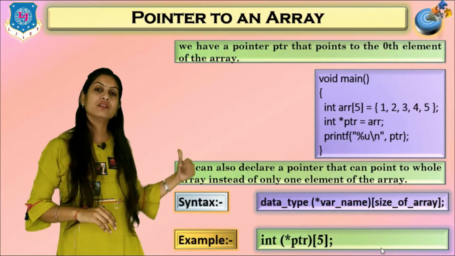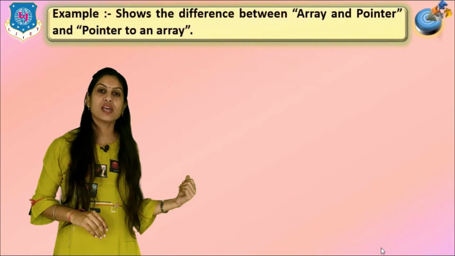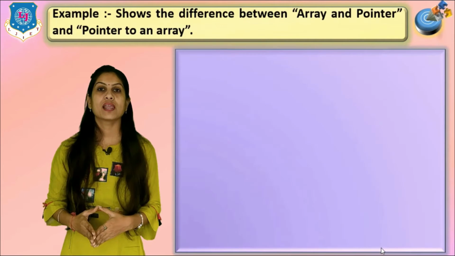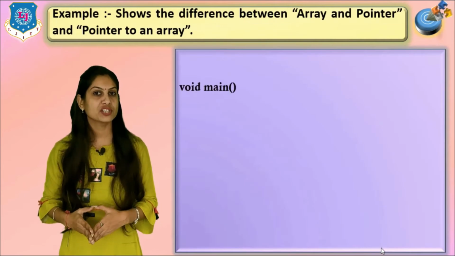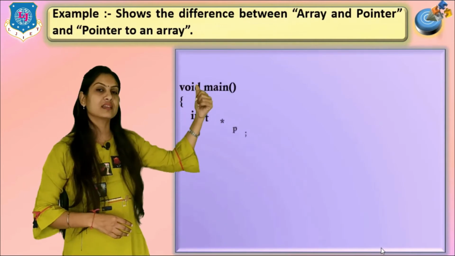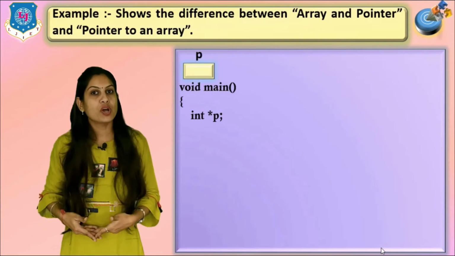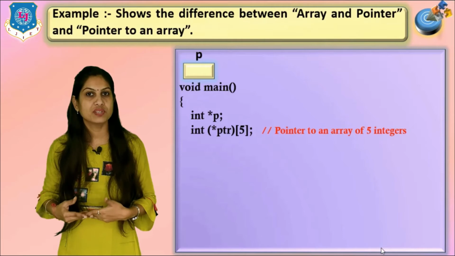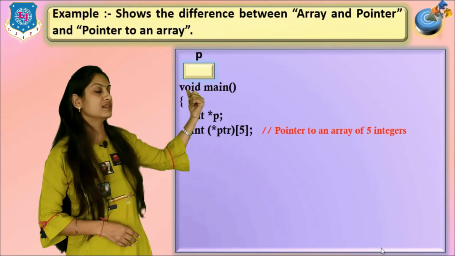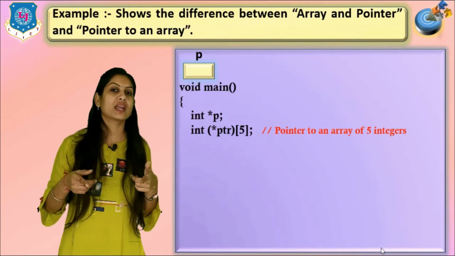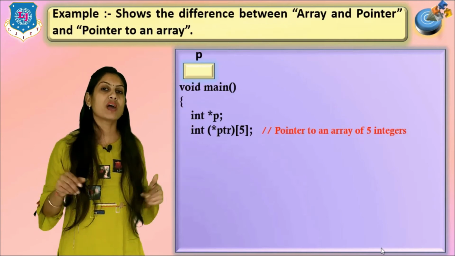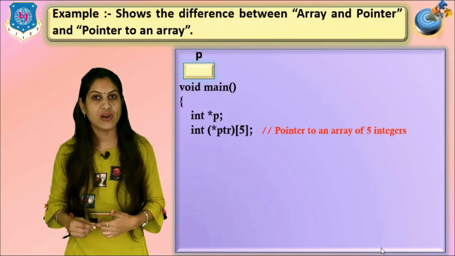Now see here the difference between these two, pointer to array and array and pointer, using this example. So here first I am taking the declaration of one pointer, int *p, then the second pointer that is nothing but the pointer to array, and for that we are using the same syntax int, inside round bracket we are putting the name of pointer that is *ptr and square bracket having size 5.